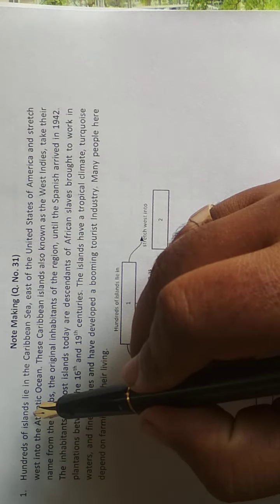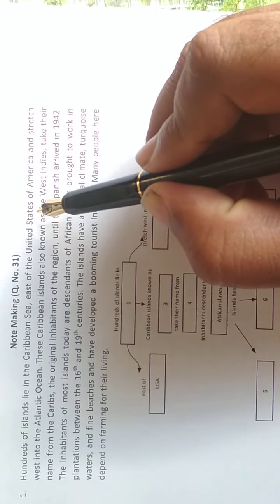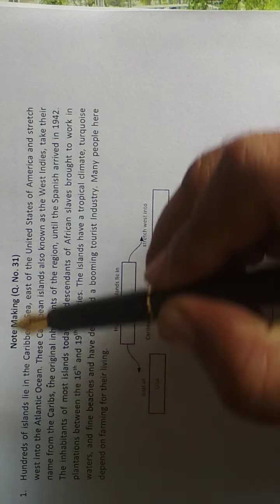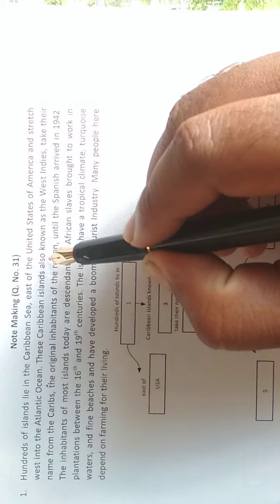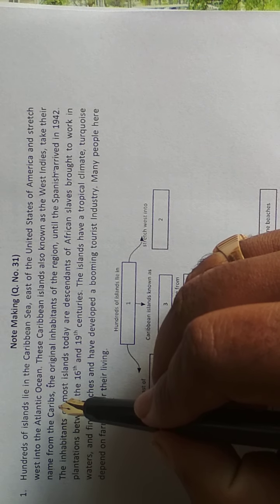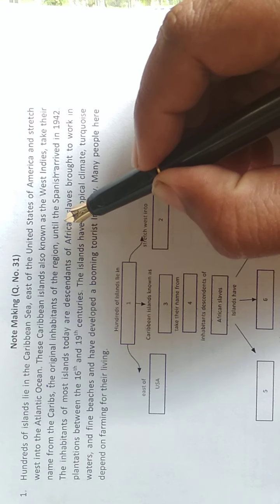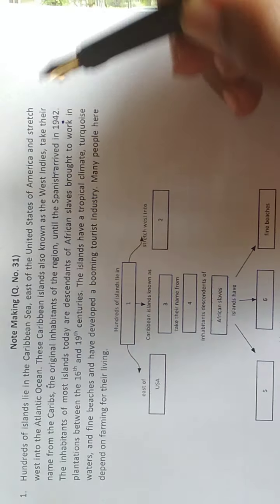Hundreds of islands lie in the Caribbean Sea, east of the United States of America, and stretch west into the Atlantic Ocean. The Caribbean islands, also known as the West Indies, take their name from the Caribbees, the original inhabitants of the region, until the Spanish arrived in 1492.